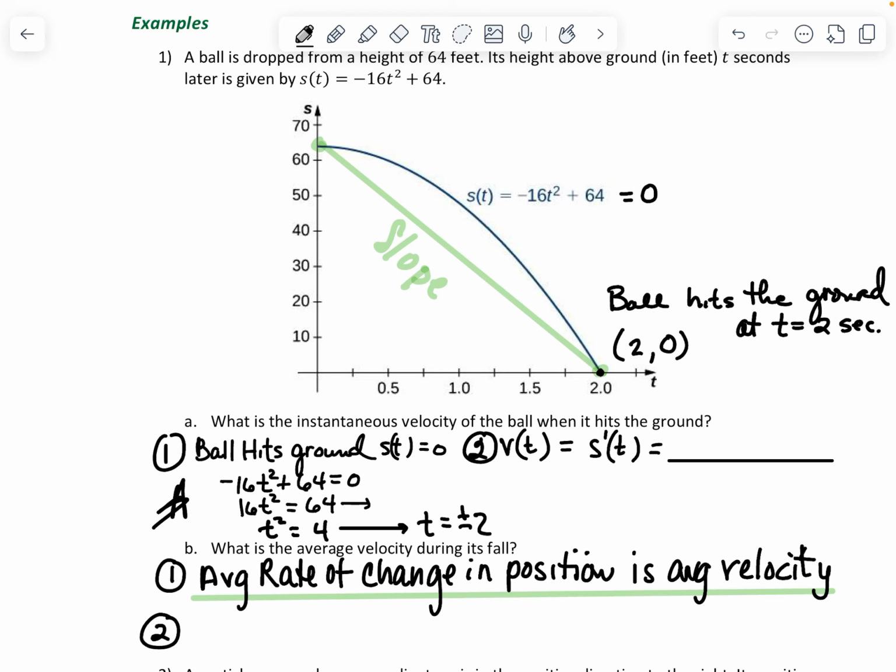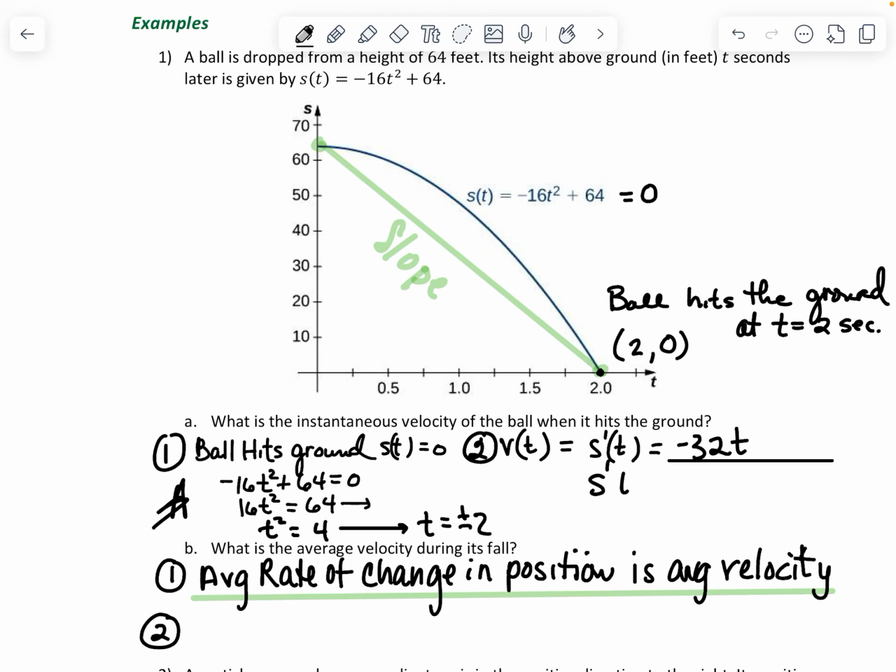Then the second thing I would do is, well, what is the velocity function going to be? You can see that it's negative 32t. And then I'm just going to plug in. Now, someone might say, what is the instantaneous rate of change? It doesn't matter if it's positive or negative; you just want to know how fast it is.